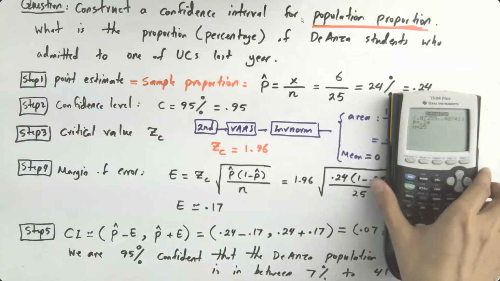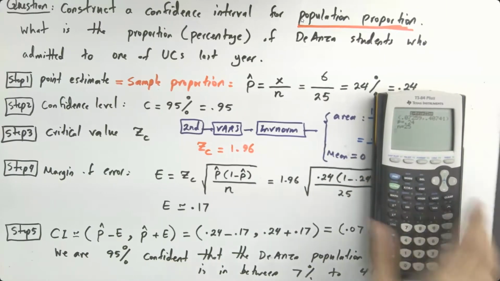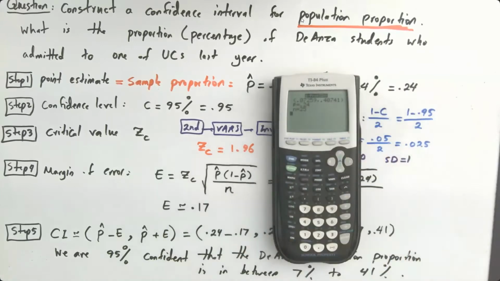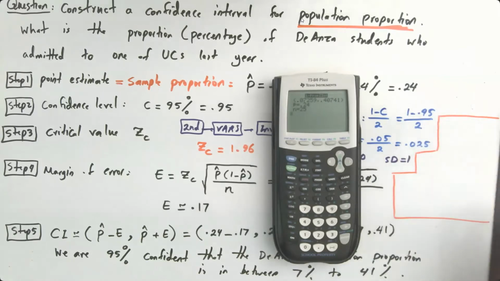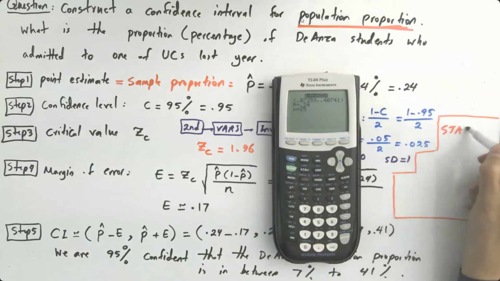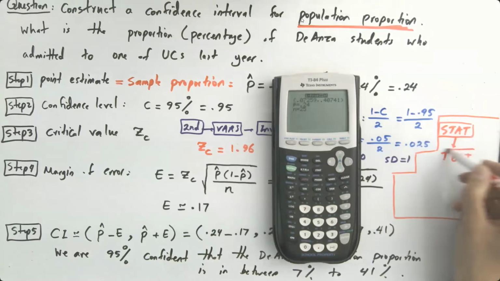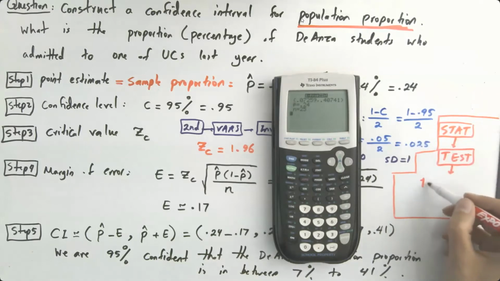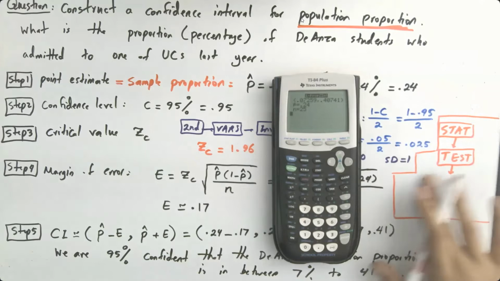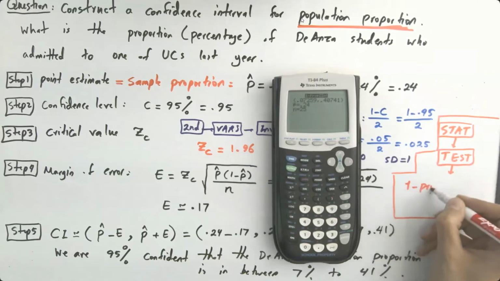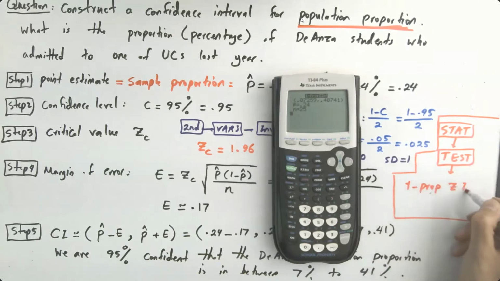So if you want to use your calculator, let us write down the calculator steps here for you. For the calculator, go to Stat, go to Tests, and then one proportion z interval.